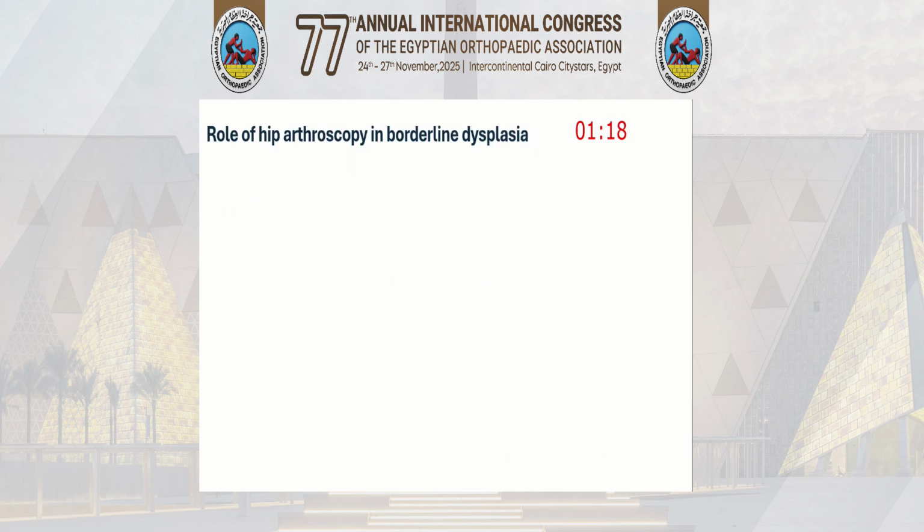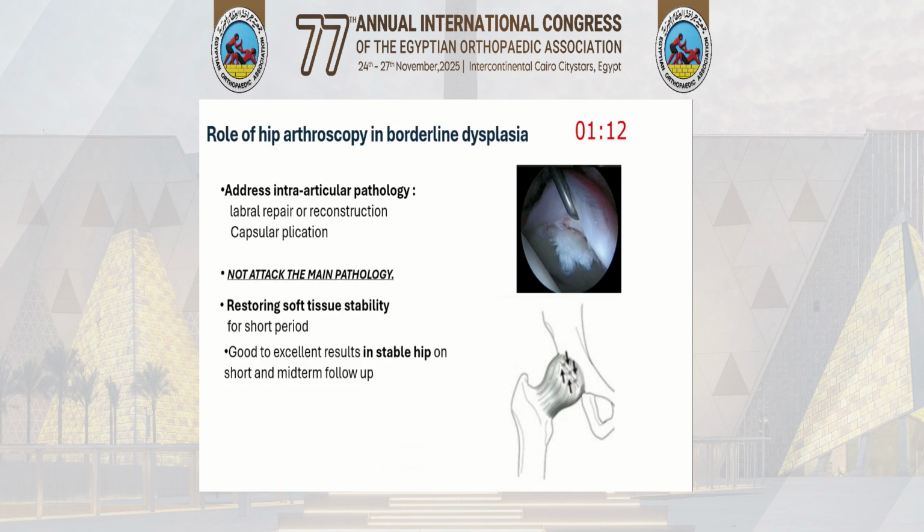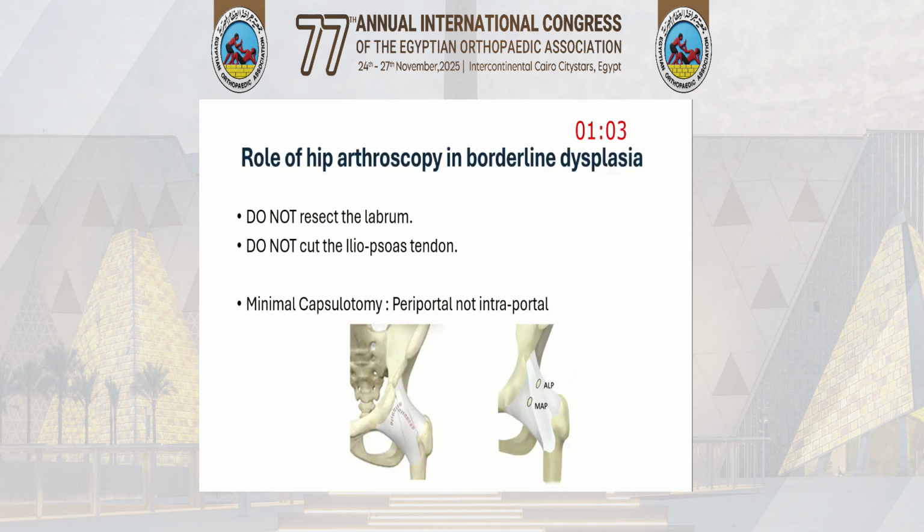If you do hip arthroscopy for borderline cases, then you need to know that you are only repairing the soft tissue component. You are not addressing the main bony component. You are giving them stability, but perhaps that stability is only for a short period of time because you have not addressed the main problem. And if you do that, then you definitely must not resect the labrum, because if you do, you are giving them instability.